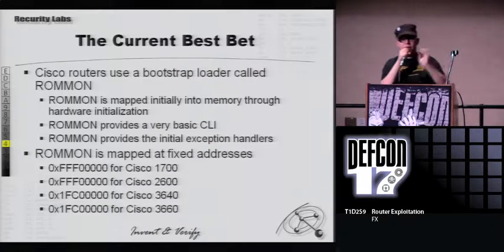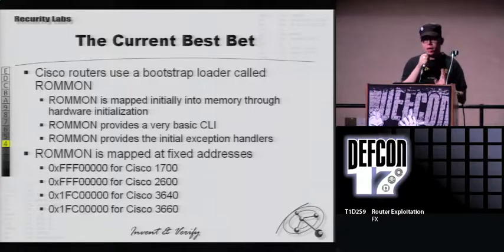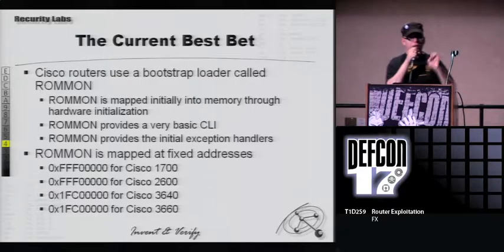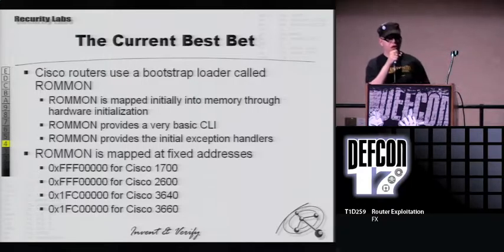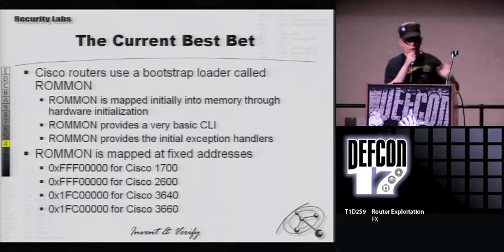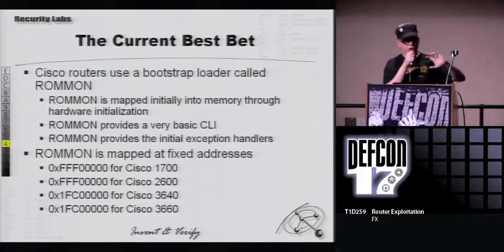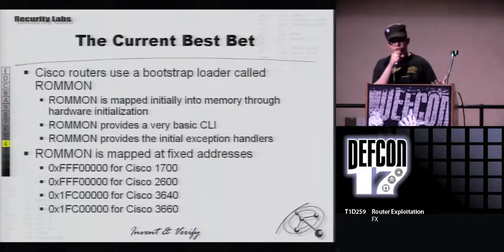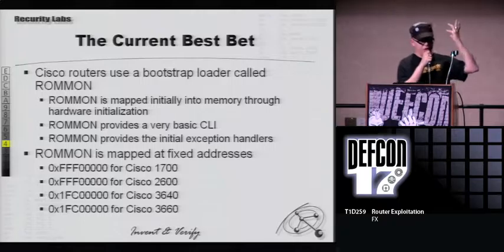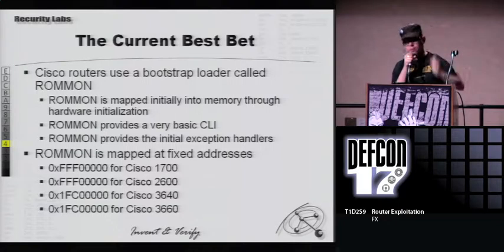So let's get this right, because many people after Black Hat asked me about this. It's not deleted. We're not talking about hacking the Cisco when it's booting up. It's got other stuff to do at that point in time. It's loaded code, like your BIOS code, that is used for booting and then stays in memory the whole time. Okay? Just making this clear, because people ask me that.